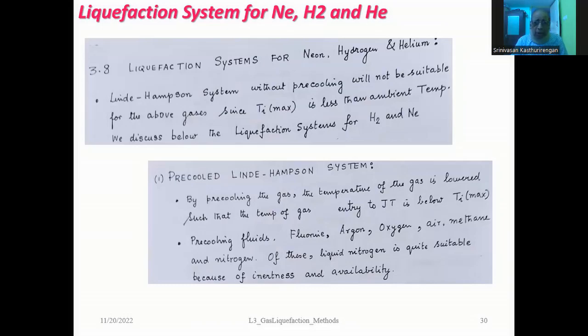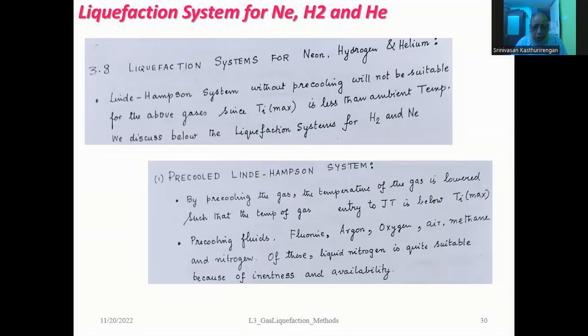So, liquefaction system without pre-cooling is not suitable for these gases because the inversion temperature maximum is less than the ambient temperature. So, we have to discuss the liquefaction system for hydrogen and neon, let's say. We'll start with helium, we'll do it separately. Hydrogen, neon, we'll consider. All that we need is, we have to pre-cool the gas.